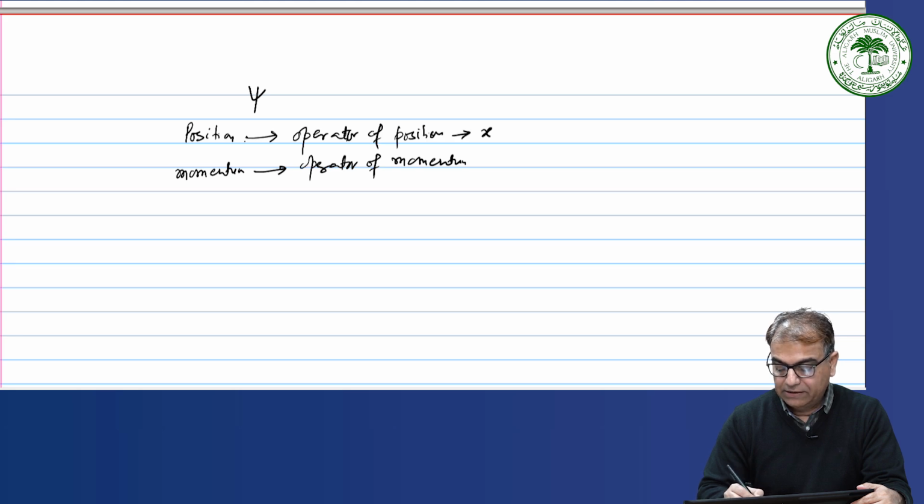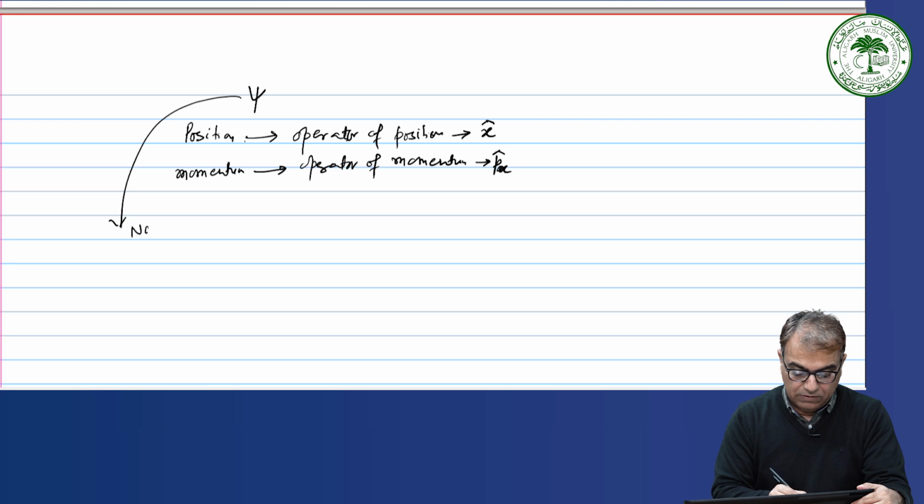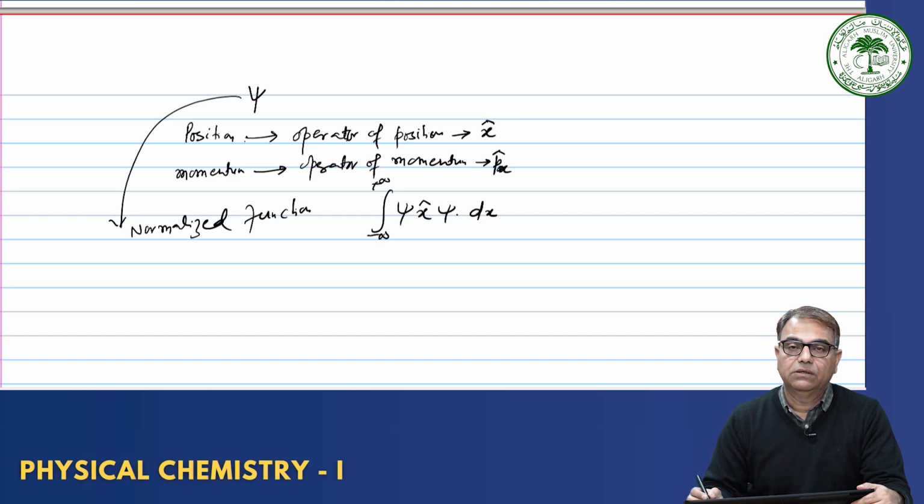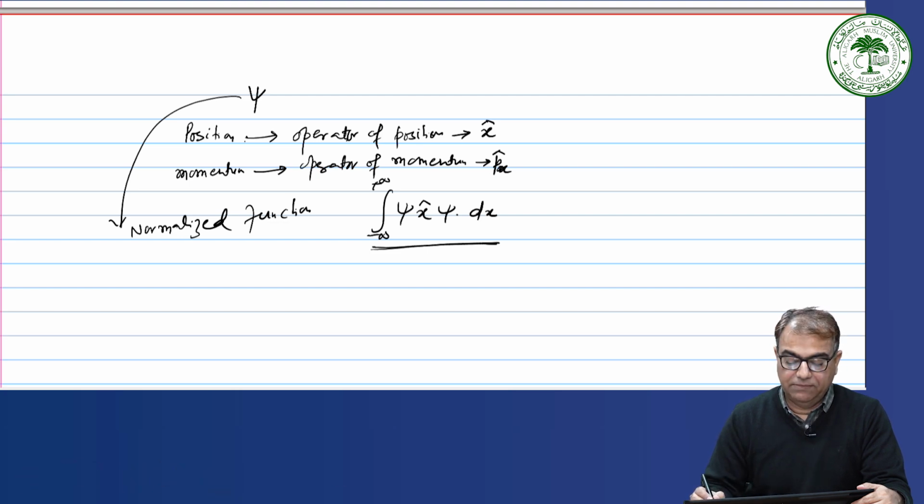So, suppose I write this as an operator symbol, then for a normalized wave function you have to calculate the integral from minus infinity to plus infinity of psi, x operator, psi dx. This will give you the position. Okay, it's very easy. So this integral you will have to find out for all the systems.